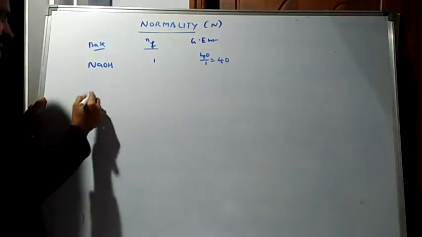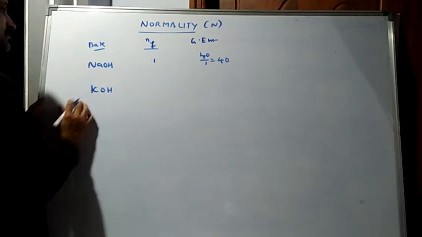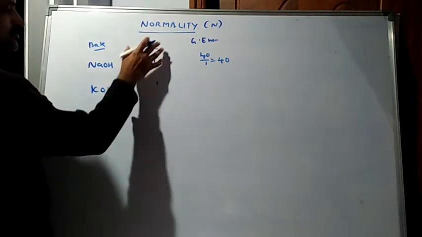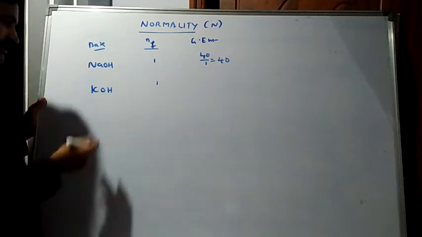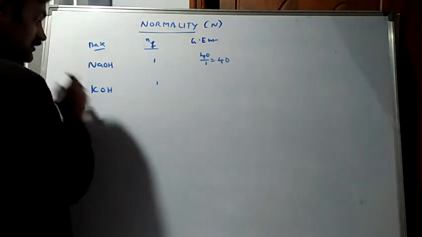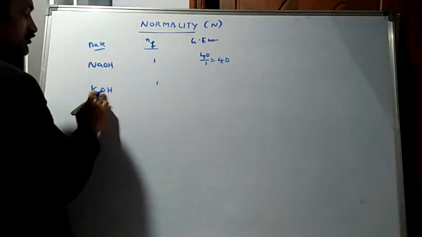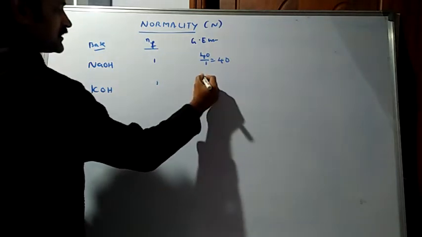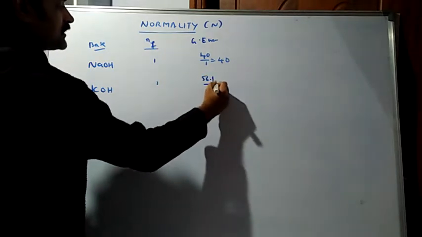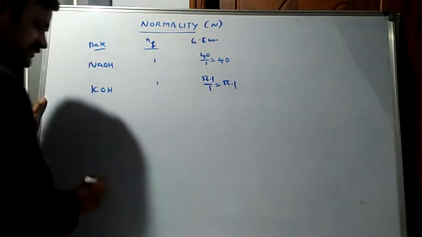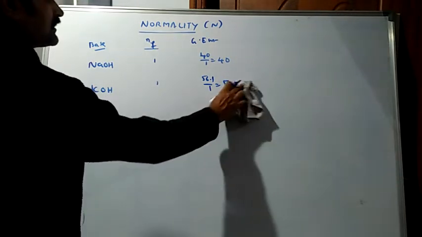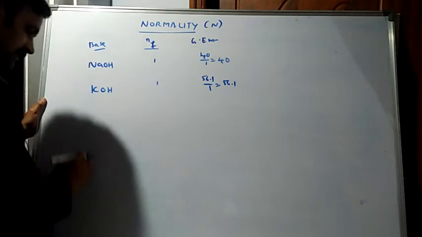Similarly, if we have potassium hydroxide given in the problem, its N factor is also 1. Potassium is 39.1, oxygen and hydrogen total 17, plus 39.1 is 56.1. So 56.1 is the gram equivalent weight of potassium hydroxide.